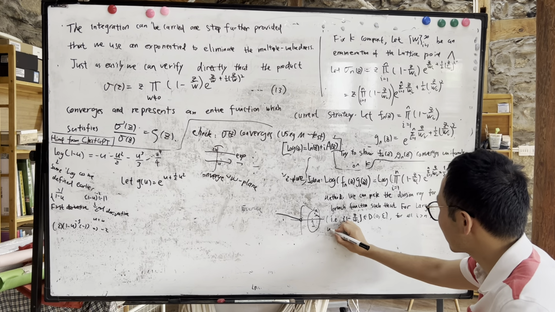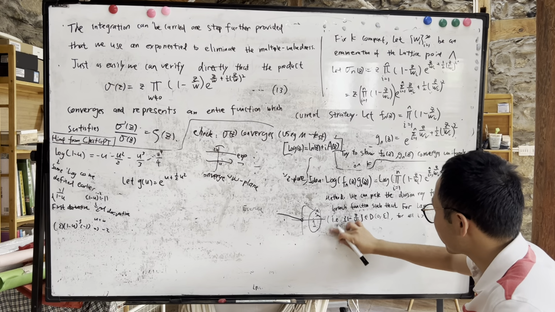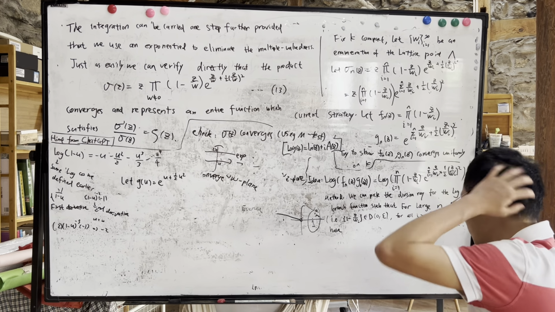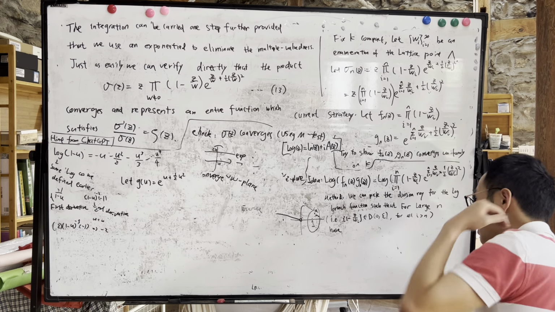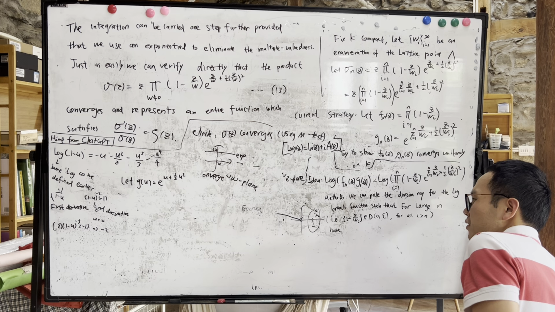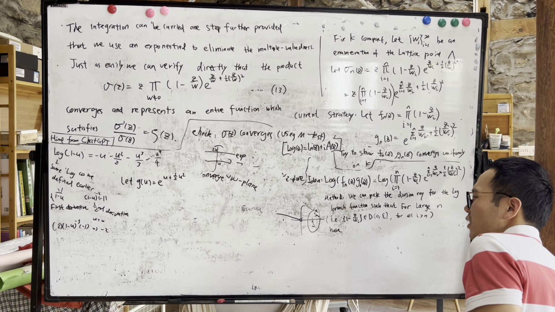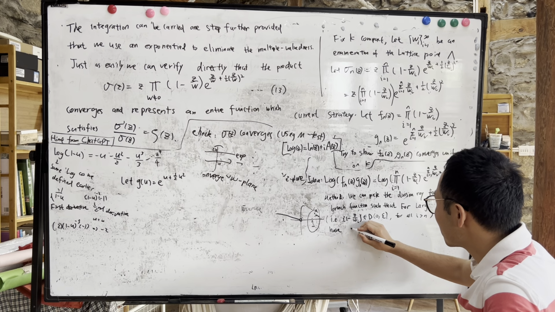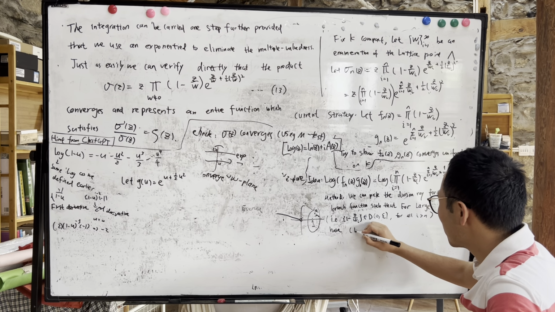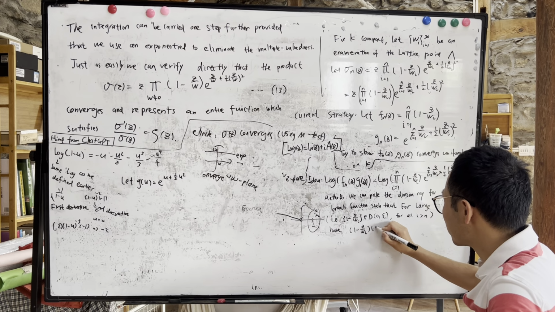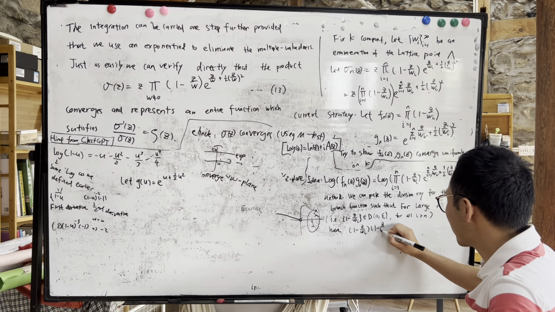We have the product, right? 1 minus z over omega i times 1 minus z over omega j.